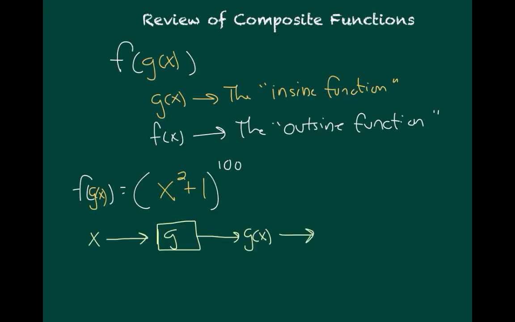And when that is put into the f function, another change occurs, and out comes a second output called f of g of x. Now, composite functions can have many functions, as we'll see in one of the examples. But it's most important that you recognize composite functions when you see them so that you can use the chain rule.